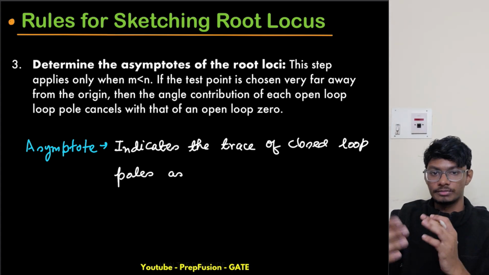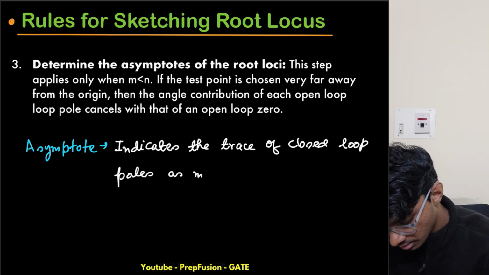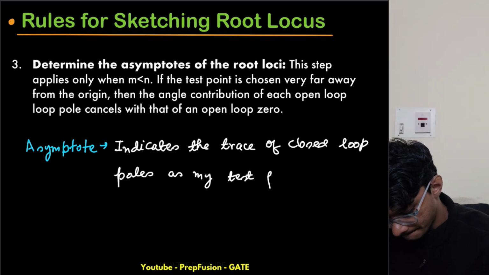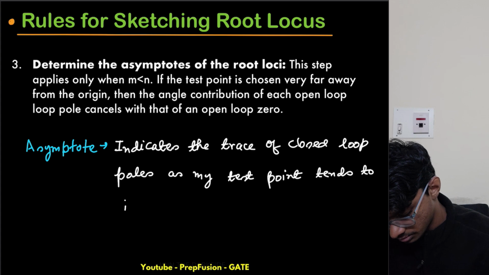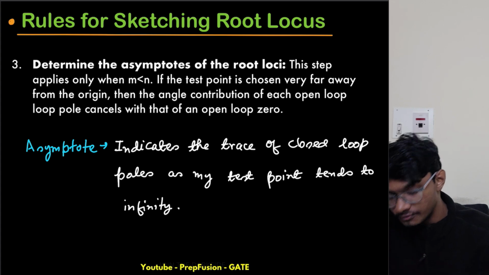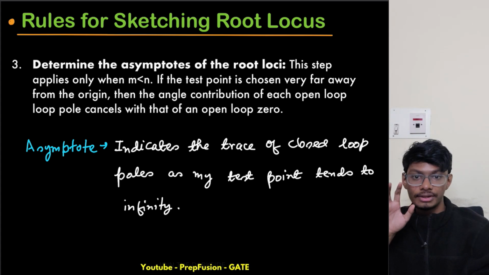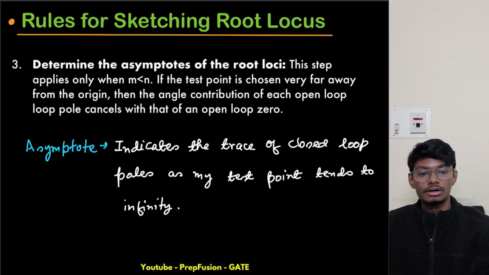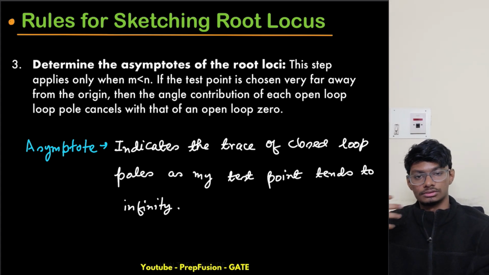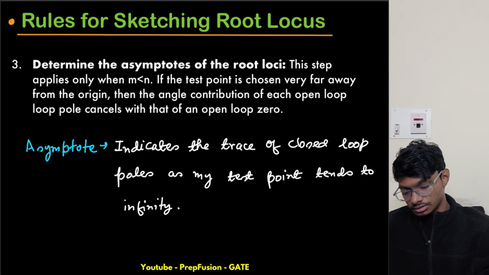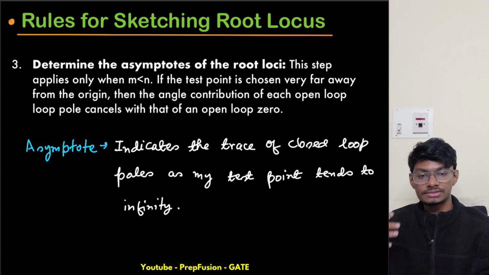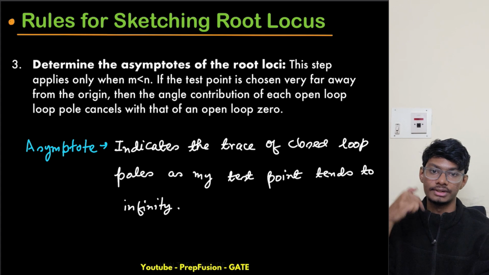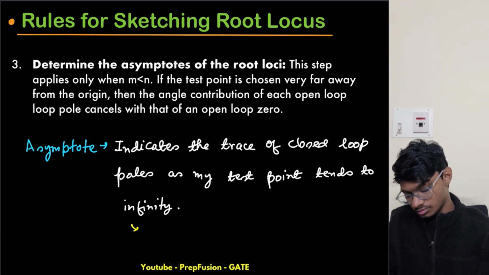I will also explain what a test point means in a bit. That is what my asymptote means. How we solve it, we will understand in an example. This means how my root locus will look if my test point s tends to infinity.